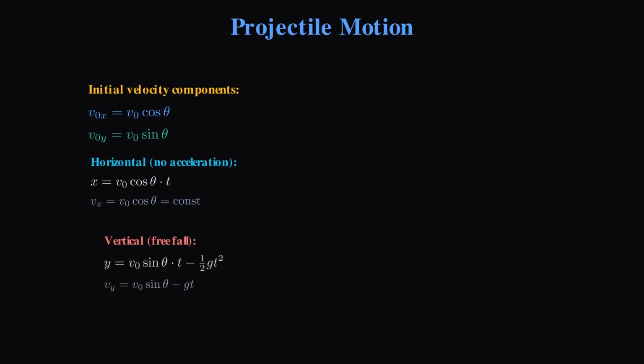In the vertical direction, gravity acts downward. Taking upward as positive, the vertical acceleration is negative g. The vertical velocity changes continuously. vy equals v0 times sine theta minus g times t.